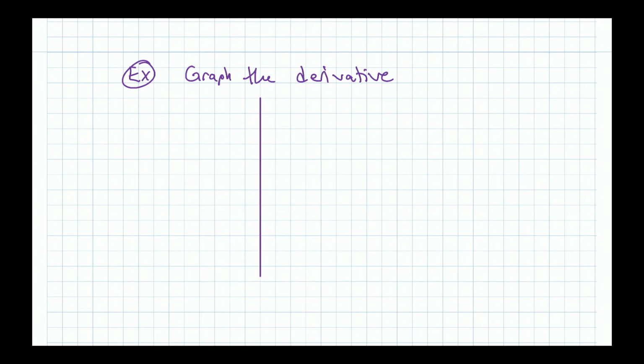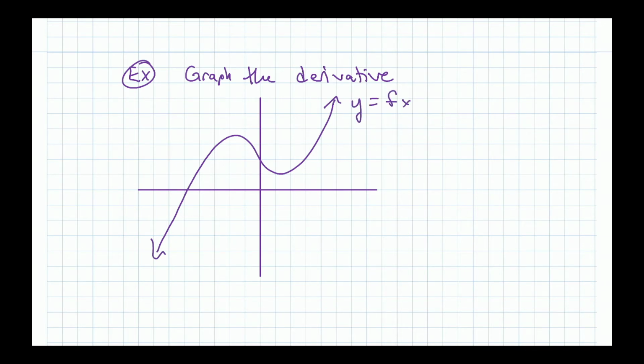You just have to pick the derivative off of a list. Okay, so I'm going to graph this, and then I'm going to have some advice. So this is y equals f of x, and we want the derivative. So here is my advice.